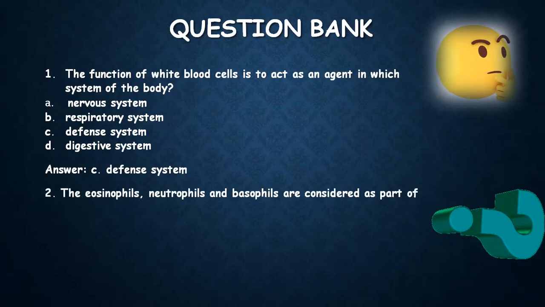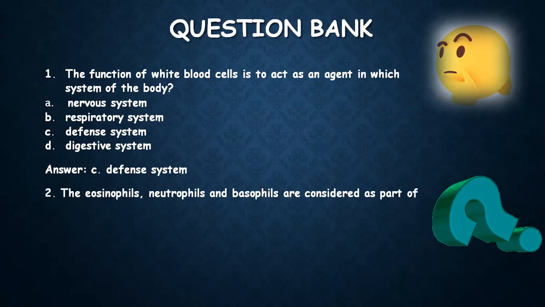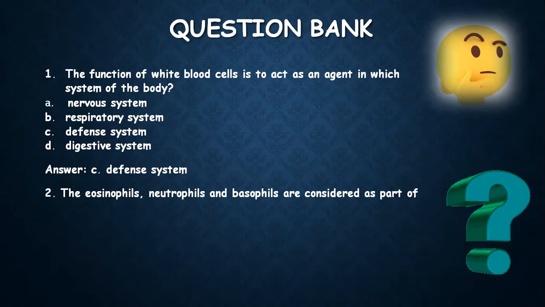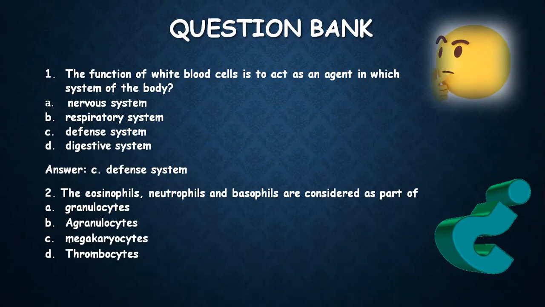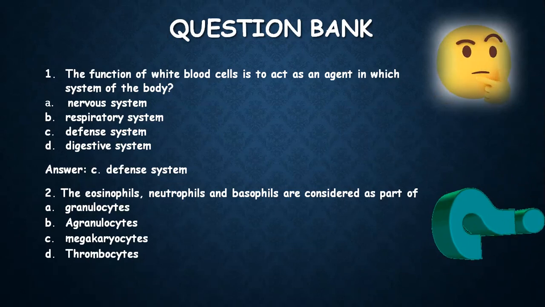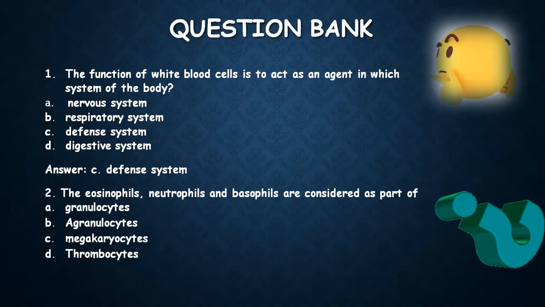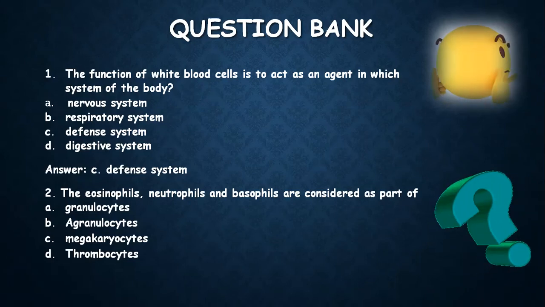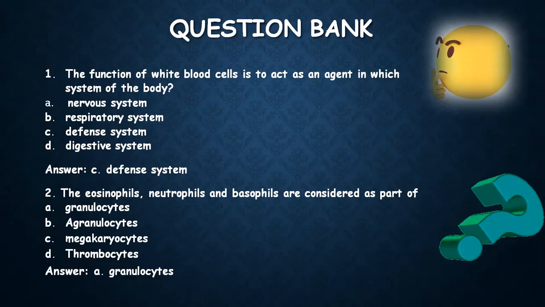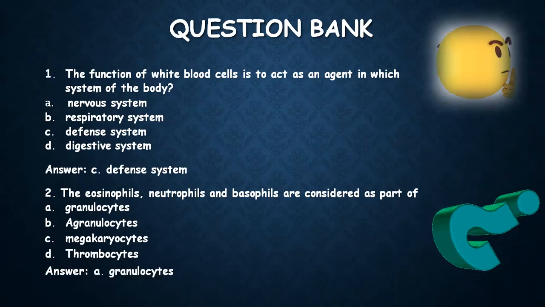Next question: the eosinophils, neutrophils and basophils are considered as part of: first one is granulocyte, second one is agranulocyte, third one is megakaryocytes and the fourth one is thrombocytes. And the answer is A, which is granulocyte.